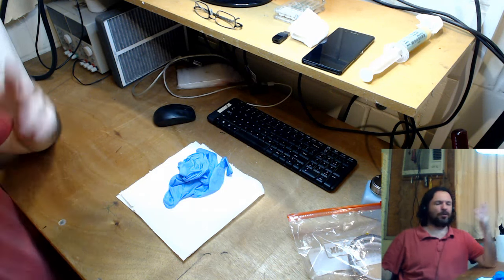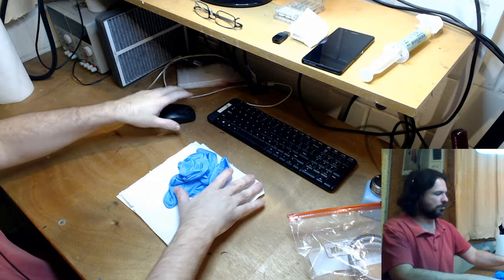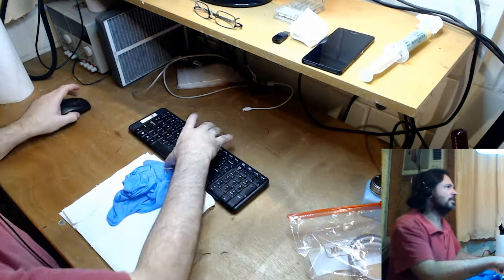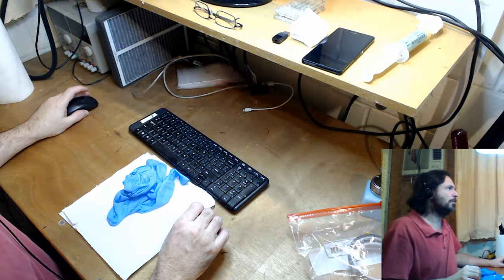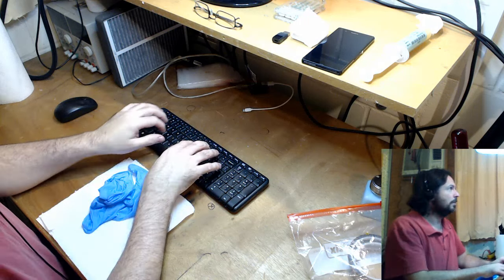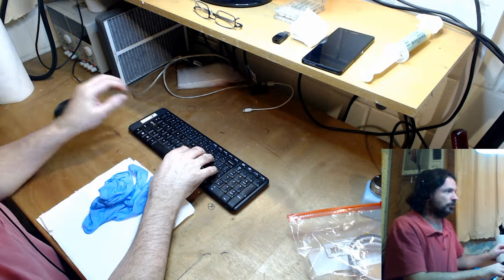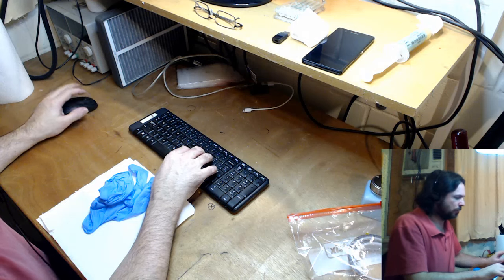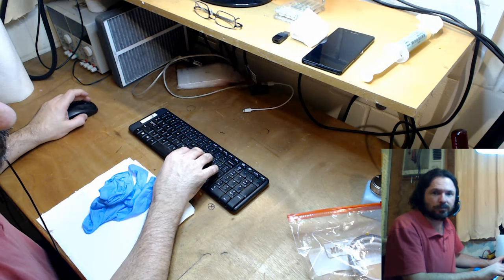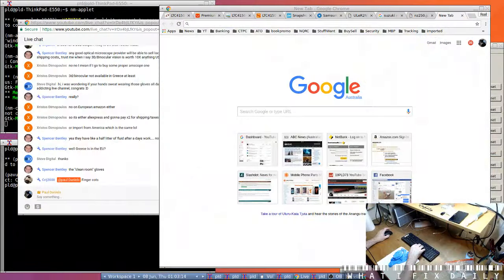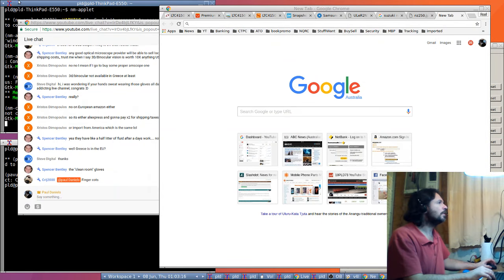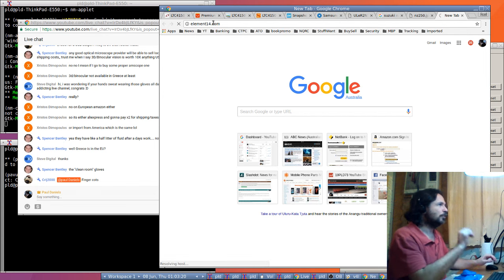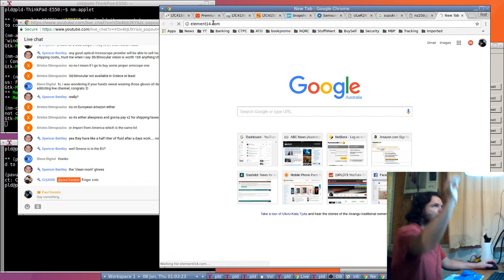Finger cots. Why do I forget that? Finger cots. Let me just see now. I'm going to immediately go and check and put into my, let's see. There we go. Let's go to Element14. They'll probably have them at 10 times the price that normal people pay.